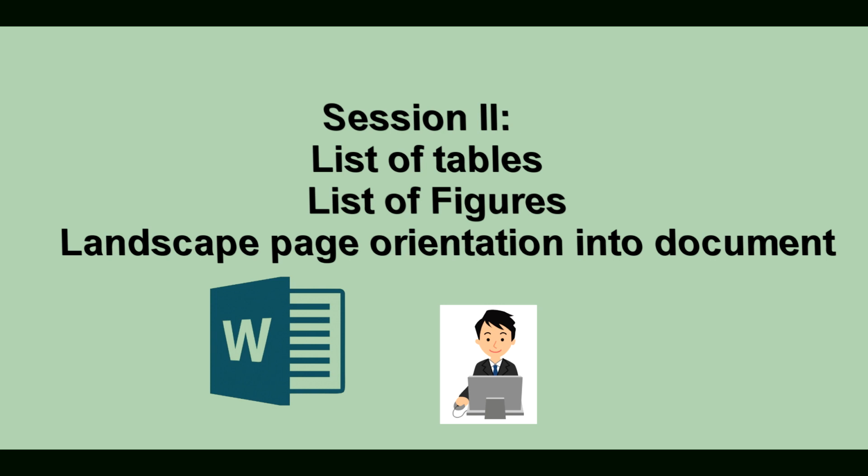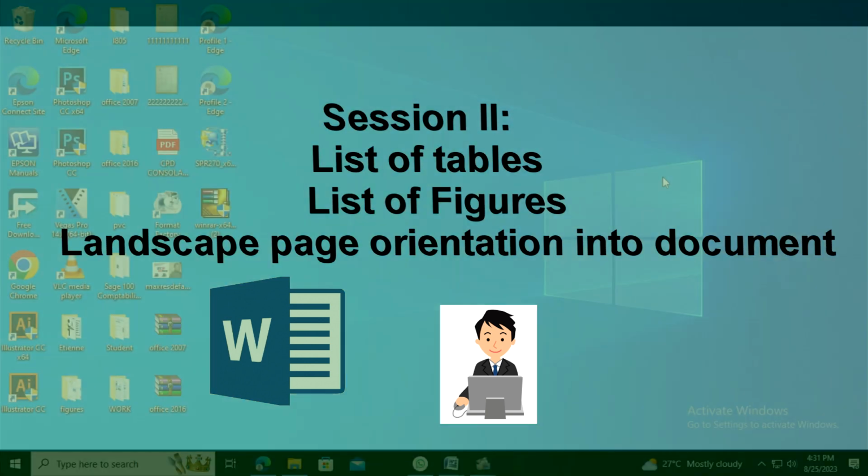As we said in the previous session, we have discussed and practiced how to adjust the table of content and how to organize the content in your Word document, and how you can prepare your document using Microsoft Office Word.